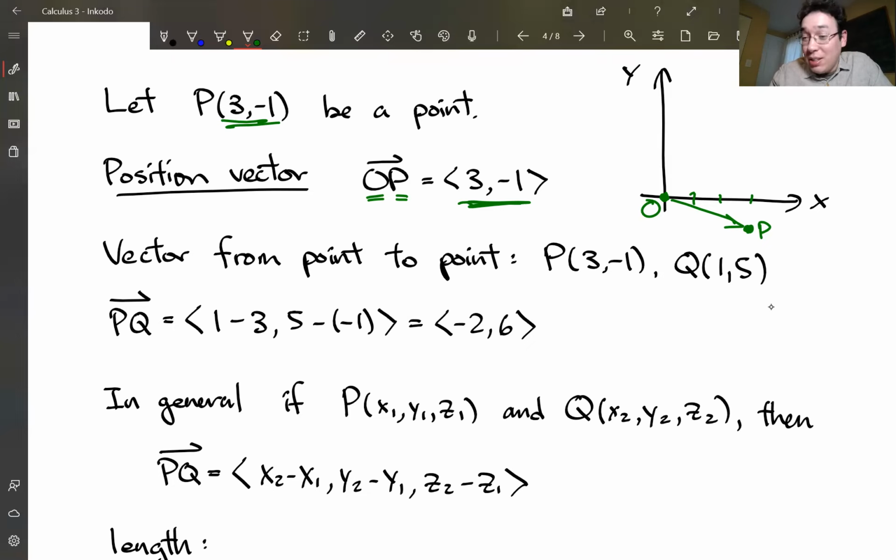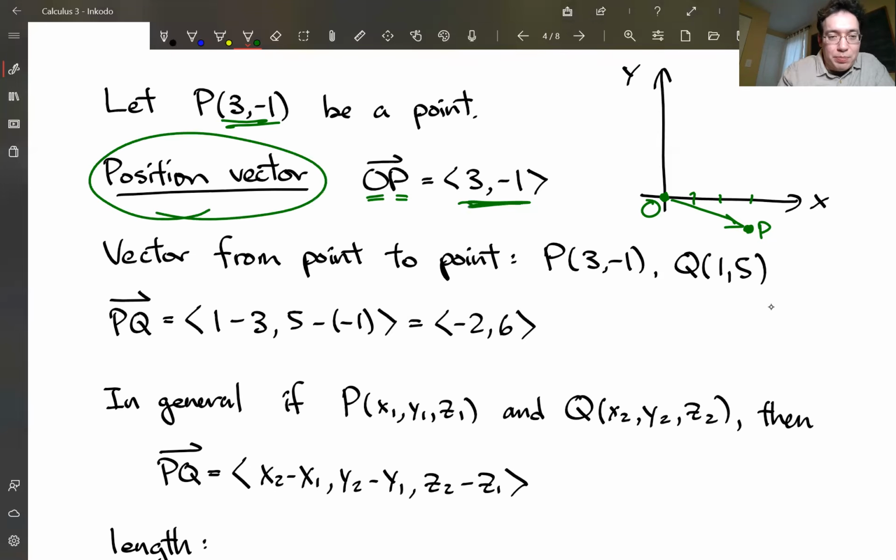Okay, but if we're talking about a vector, we're allowed to move this around. When you're talking about it as a position vector, it's convenient to place it at the origin.